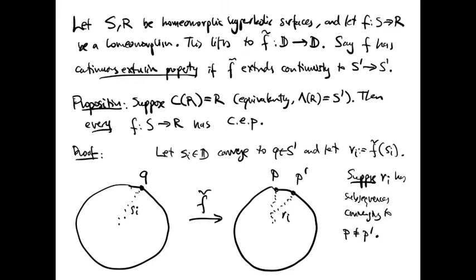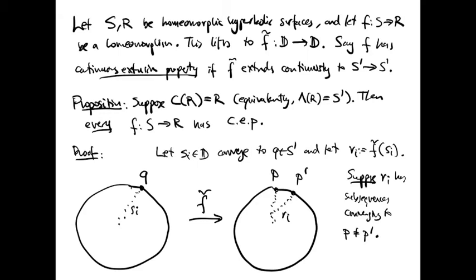We say that F has the continuous extension property if the map F twiddle extends continuously to a map on the boundary circles. This property is automatic when the hyperbolic structures on S and R have finite area, for instance, when these surfaces are closed.